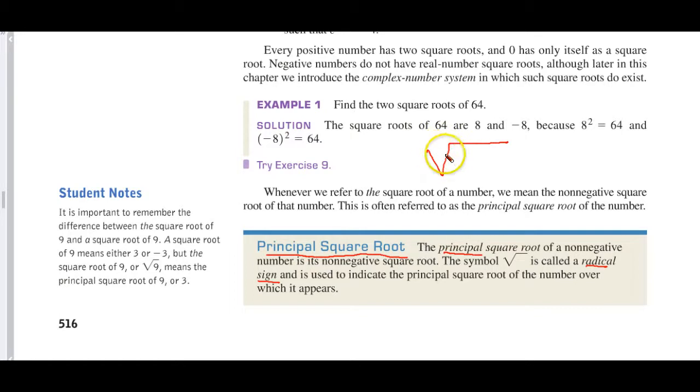Now, if there is no number appearing in the radical sign, there's an implied 2 being there. We just don't write it. Okay? So this is equal to this, and we don't write the 2. The radical sign, the radicand, index number.